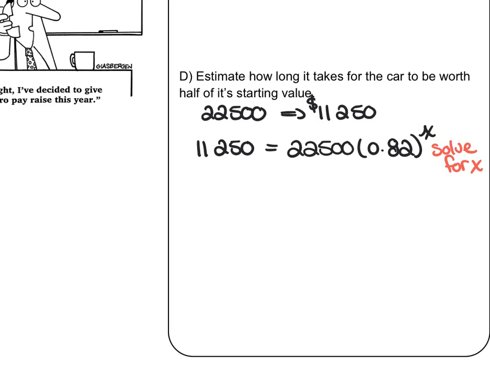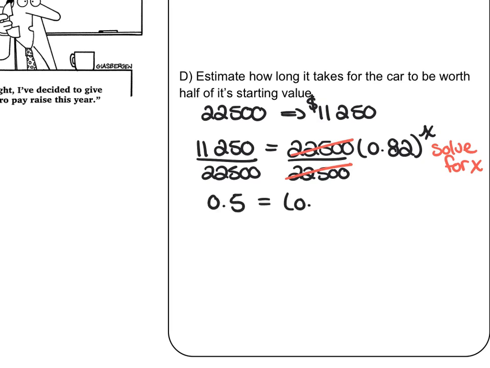So let's start by dividing everything by 22,500 so I can get rid of it on this side. So notice it will cancel there. On this side, it becomes 0.5. And we're left with 0.82 to the x on this side.